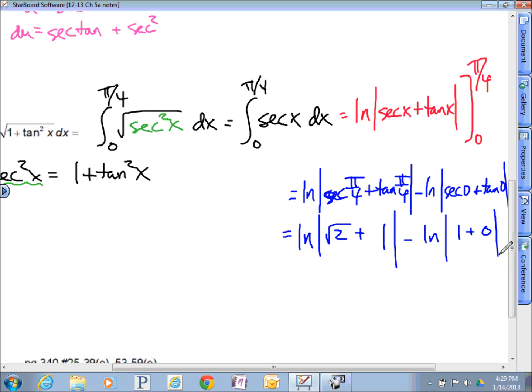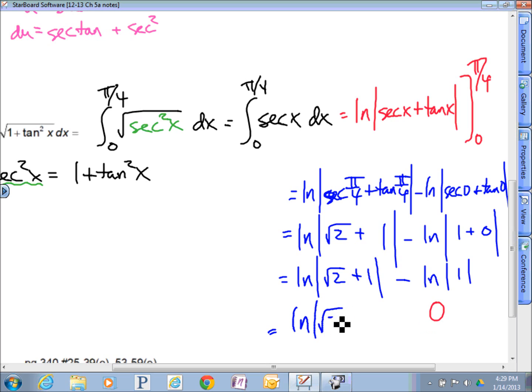What I really have is natural log of the quantity root 2 plus 1, minus natural log of 1. Natural log of 1 is a big fat 0. So when I figure all of this out, what I really have is natural log quantity root 2 plus 1. And I don't have to worry about subtracting anything at all.